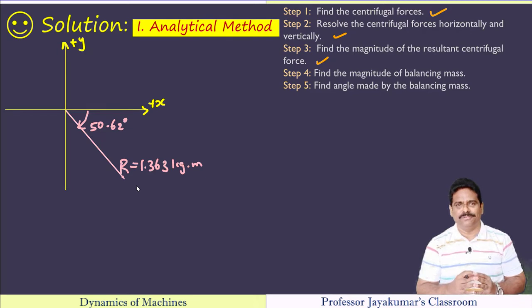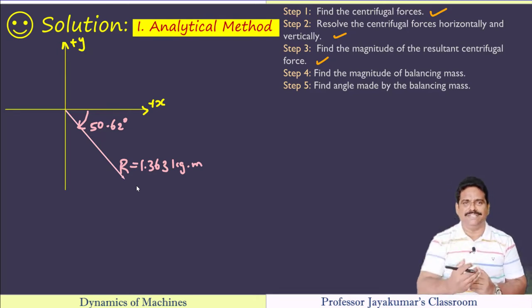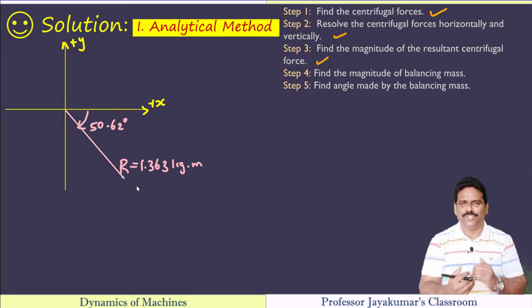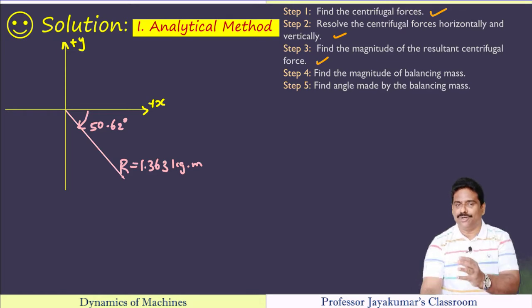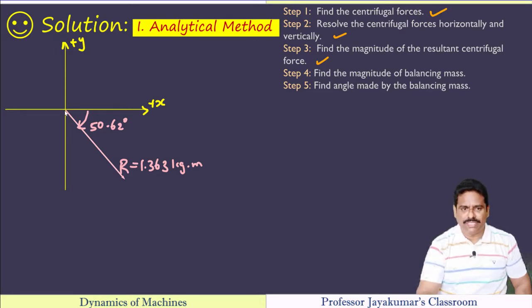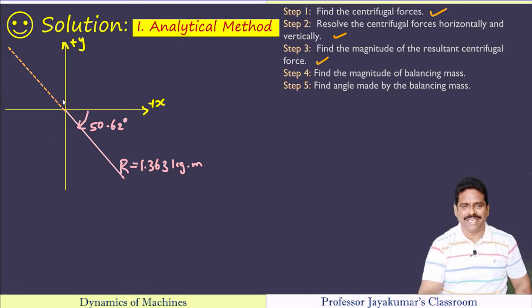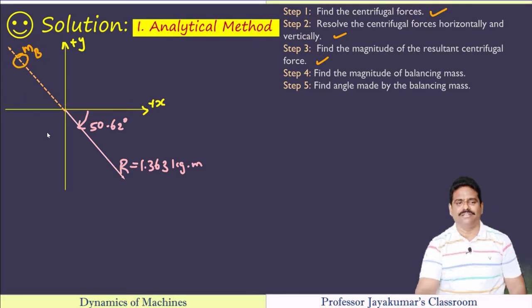How? By adding some balancing force externally so that we do not have any out of balance force. That is the idea. How can we balance this system? By introducing a balancing mass exactly in the opposite direction to that of the resultant force, as shown here in the dashed line.